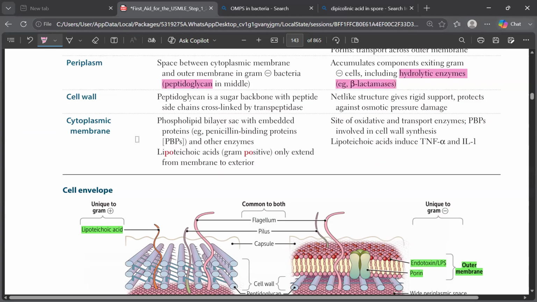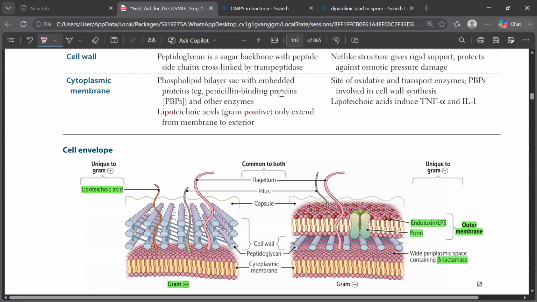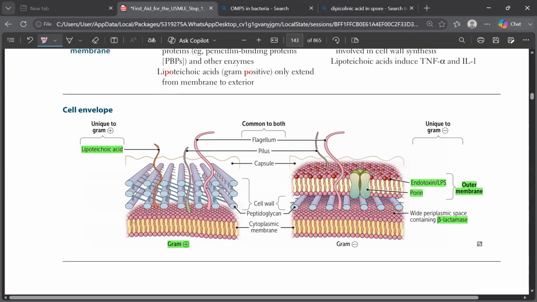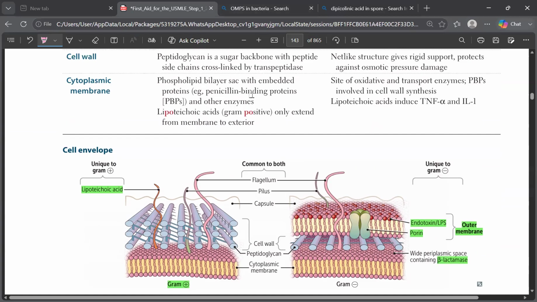The cytoplasmic membrane is a phospholipid bilayer sac with embedded proteins, for example penicillin binding protein and other enzymes. Lipoteichoic acids, present only in gram-positive bacteria, extend from the membrane to the exterior. This is the inner membrane or the cell membrane that is present in both of these cells, and it has proteins, for example the penicillin binding protein and other enzymes, and lipoteichoic acid that is only present in gram-positive extends from the membrane to the exterior.